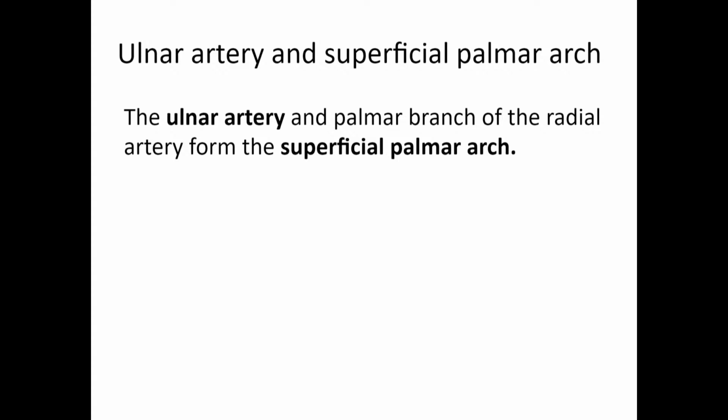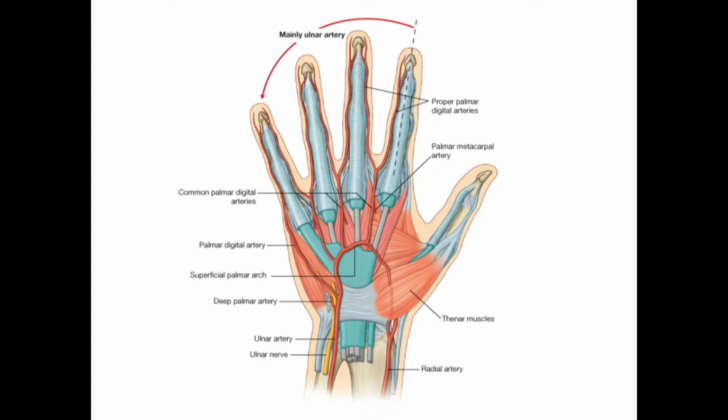So the ulnar artery and the palmar branch of the radial artery, as I've already mentioned, are creating the superficial palmar arch. And this is in more detail, without the deep palmar arch, to understand how it is supplying. Again, I will repeat one more time. This is our superficial palmar arch.